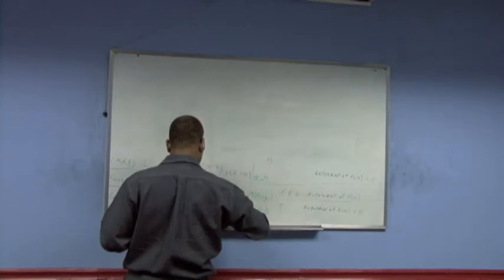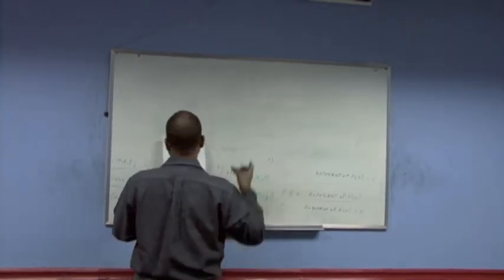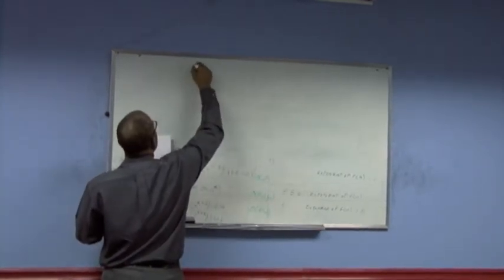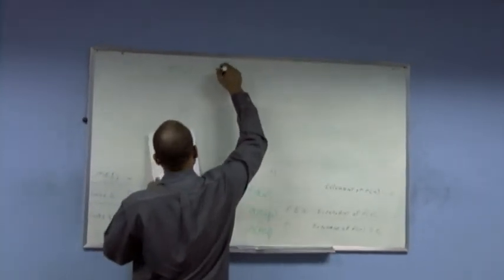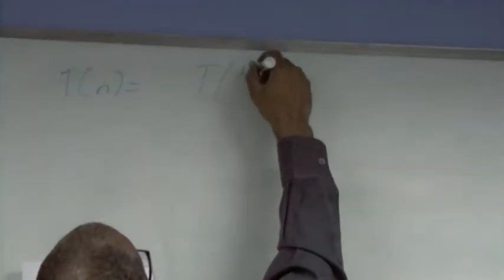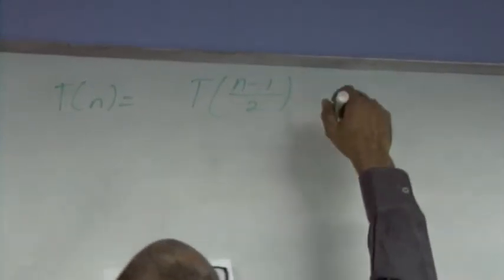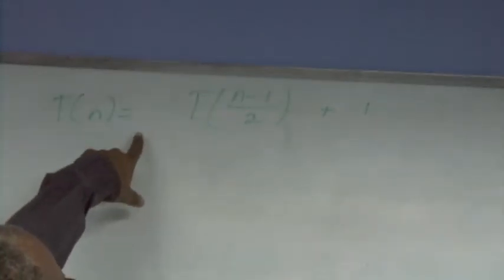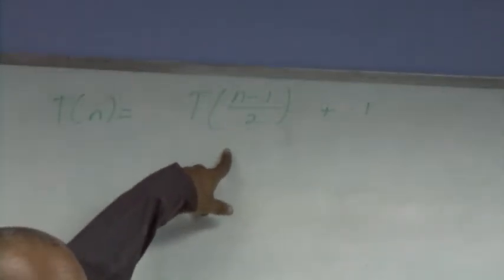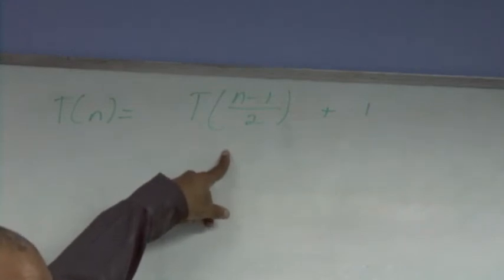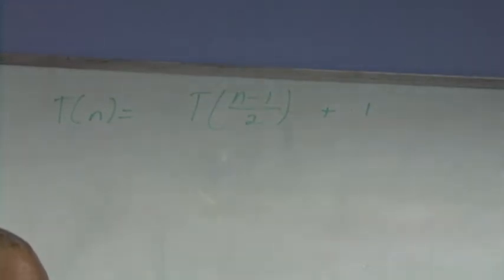So if T of n is equal to T of n minus 1 upon 2 plus 1, there is a proof that this expression has the same order of growth as T of n upon 2 plus 1. We won't go into the proof right now.